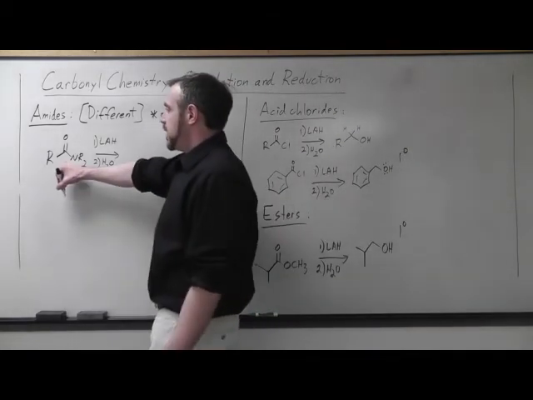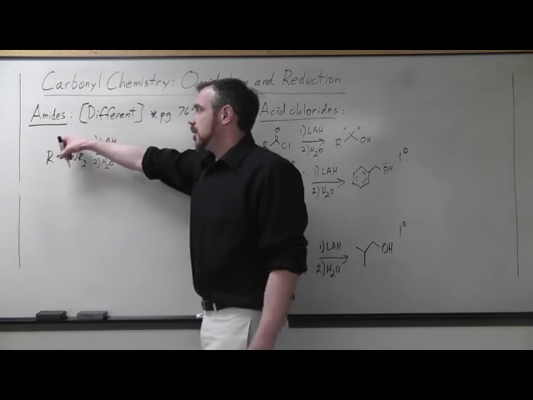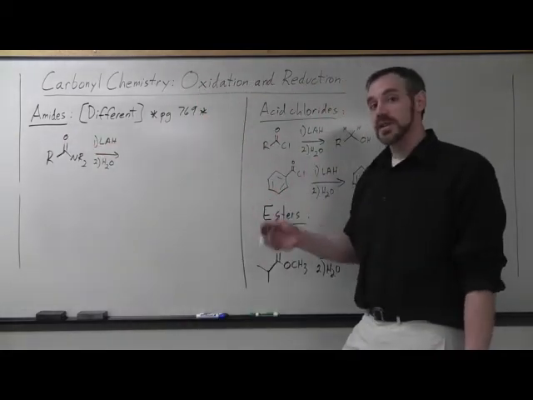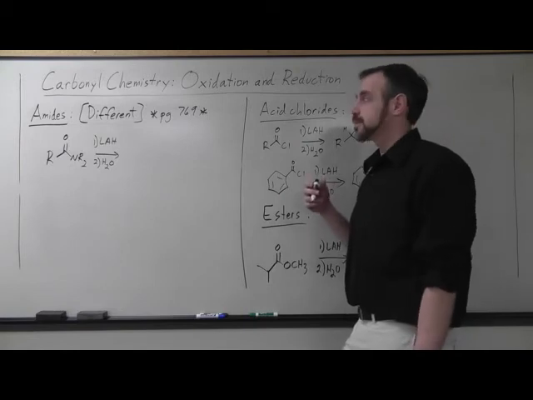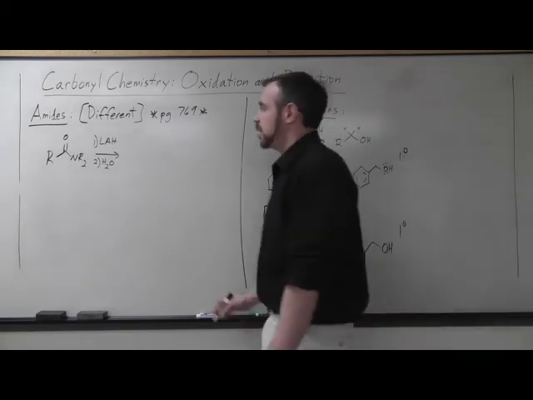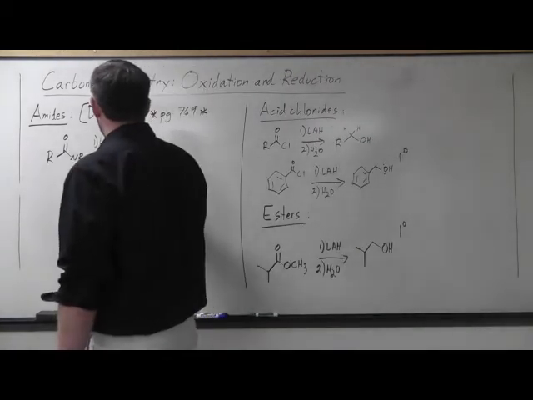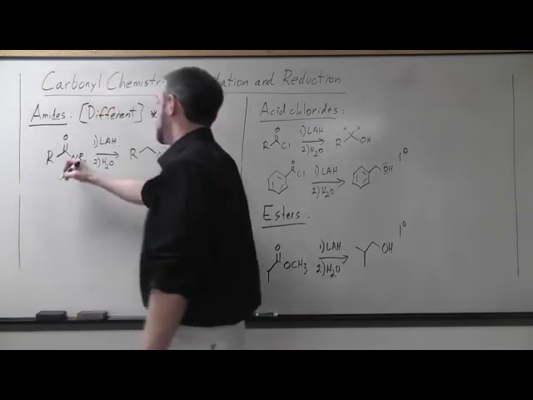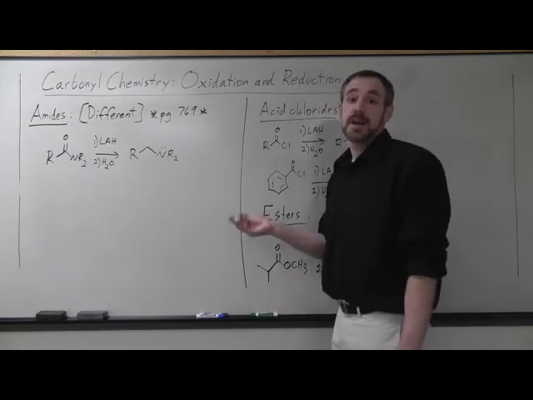In this case, with amides, the carbonyl oxygen is actually removed from the compound. So that's the oxygen that gets cleaved from the molecule. And so an amide is just reduced to an amine.